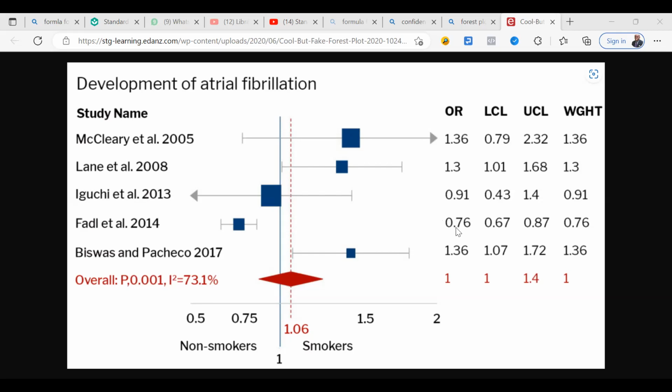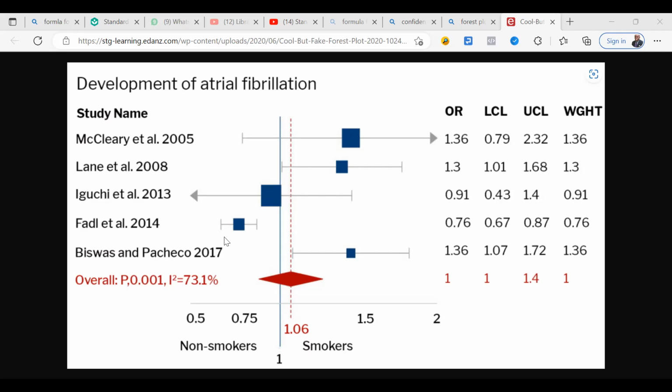So 1 minus 0.76 is 0.24. Go ahead and interpret it. The odds of developing atrial fibrillation is 24% lower. Correct. In smokers, always use in smokers compared to non-smokers.